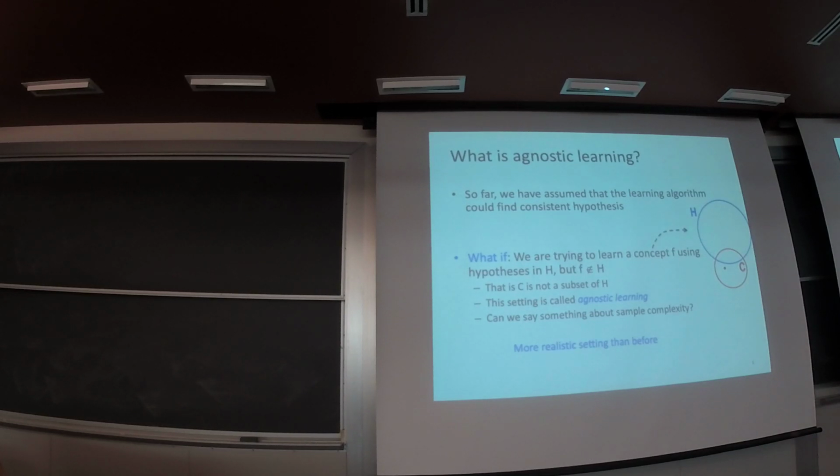And in agnostic learning, although we cannot guarantee the concept class is within the hypothesis space, we still want to say something about the generalization error, the sample complexity. The question is, can we do it? That's the problem agnostic learning wants to address.